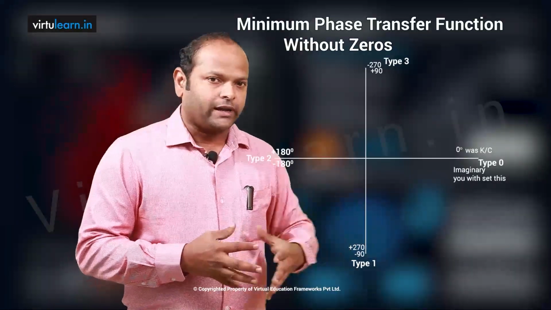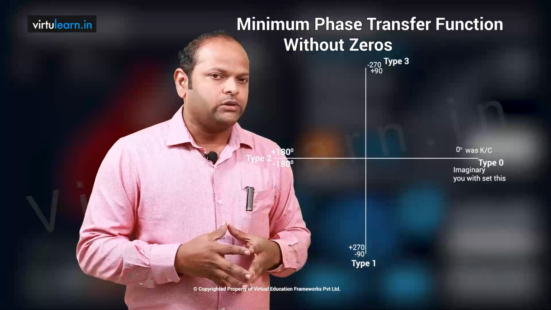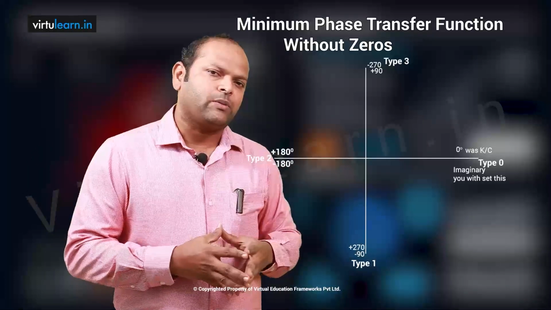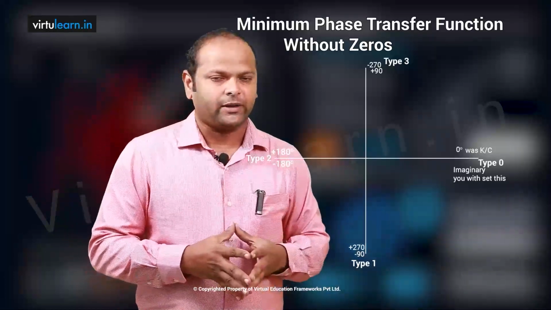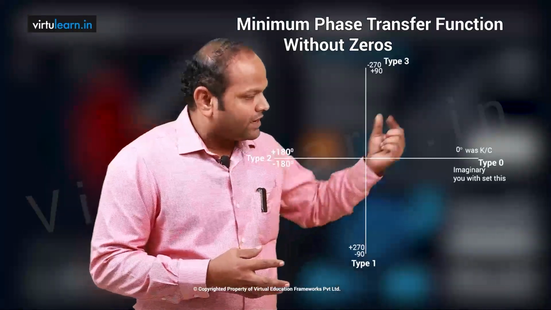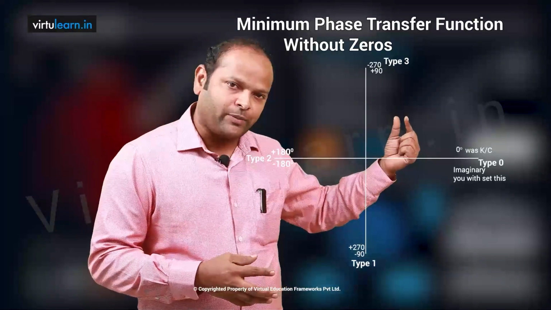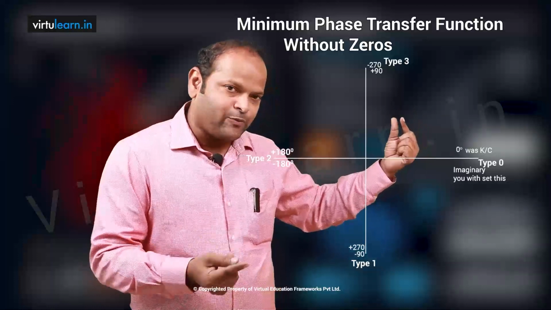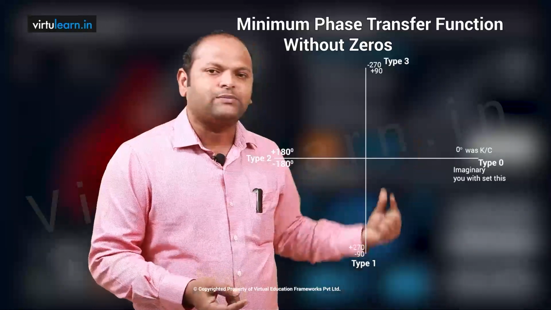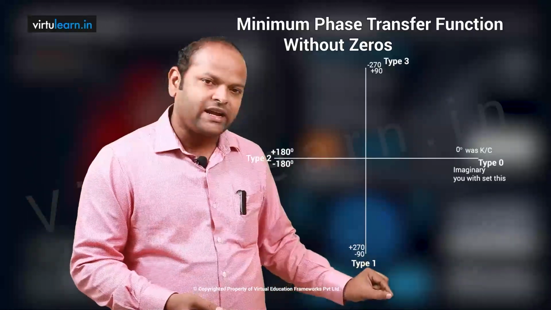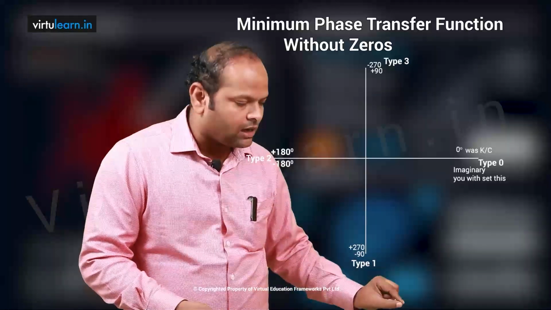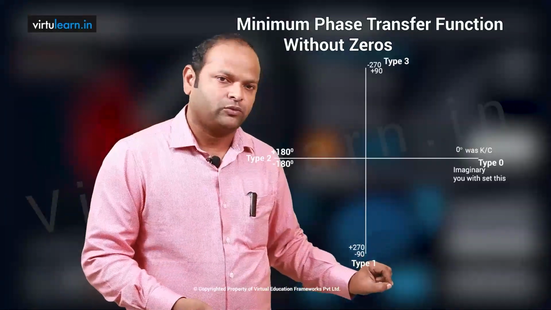The starting magnitude for all types of system except type 0 is infinity. Therefore, for type 1, it is coming from infinity, and the angle is minus 90 degrees. So on the minus 90 degrees line is the starting point of the polar plot.